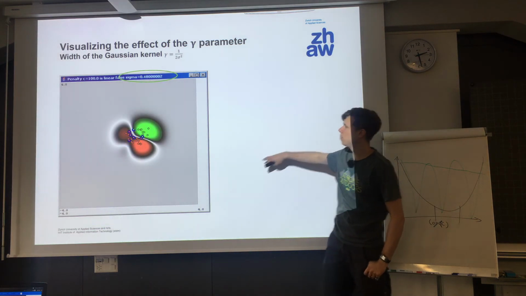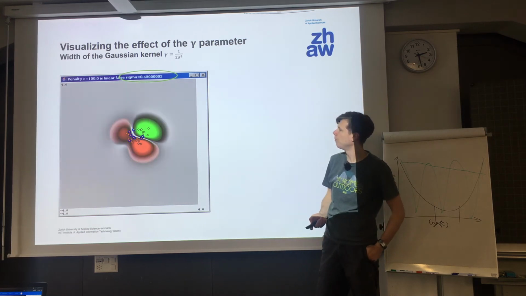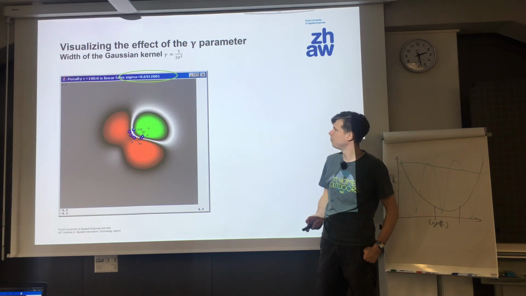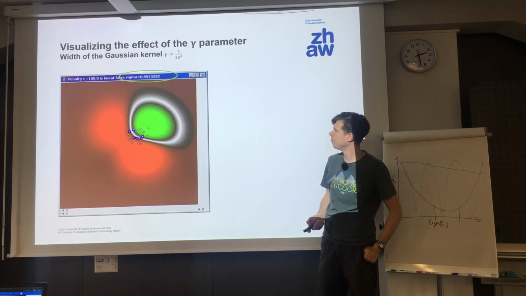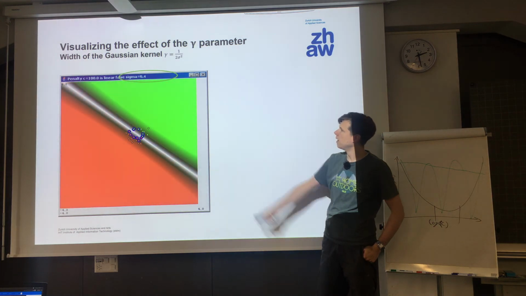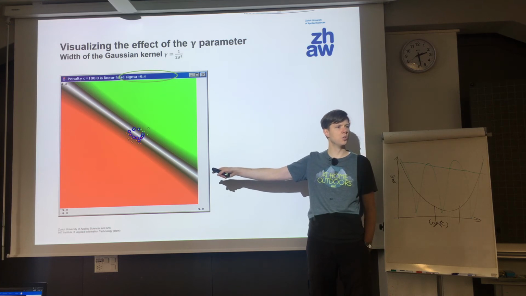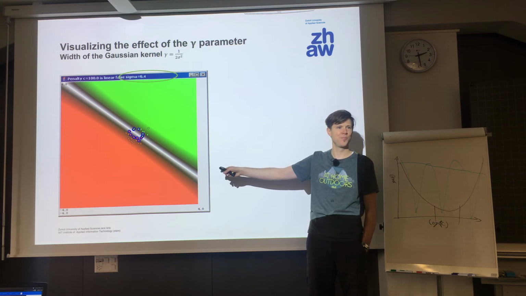Now we don't need that anymore because we can see it here. Now it looks already similar to how the linear support vector classifier looked, right?